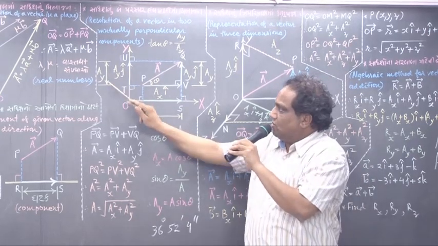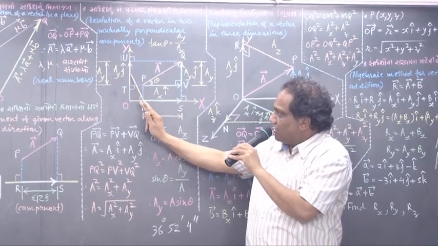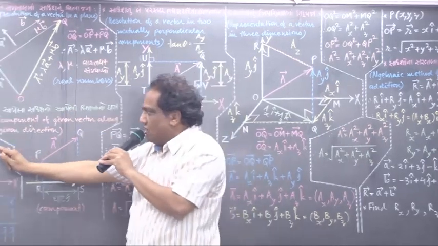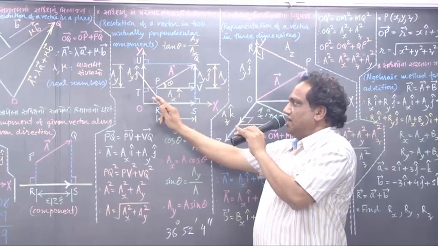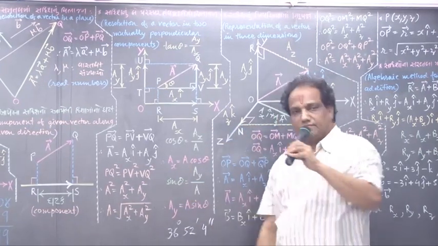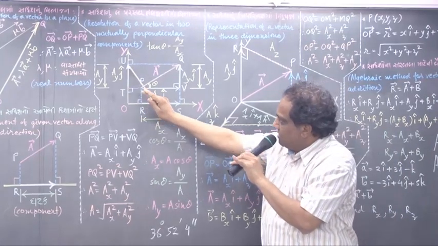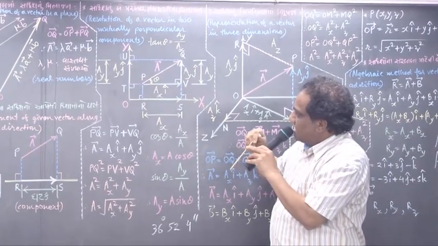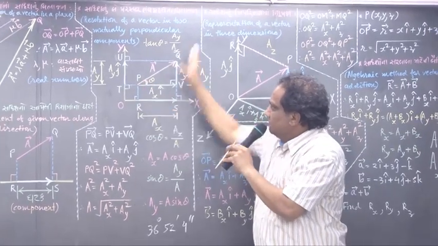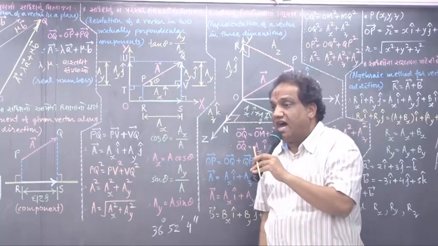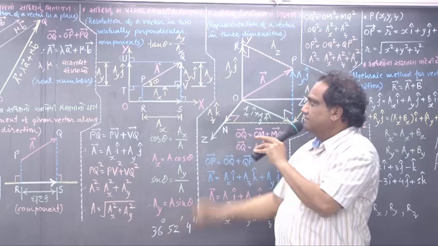The magnitude is AY, and the unit vector along the y-axis is j hat. So I must write AY j hat. Whatever this vector is, the same is this vector. Same magnitude, same direction, so they are equal vectors. If this is AY j hat, this also is AY j hat.